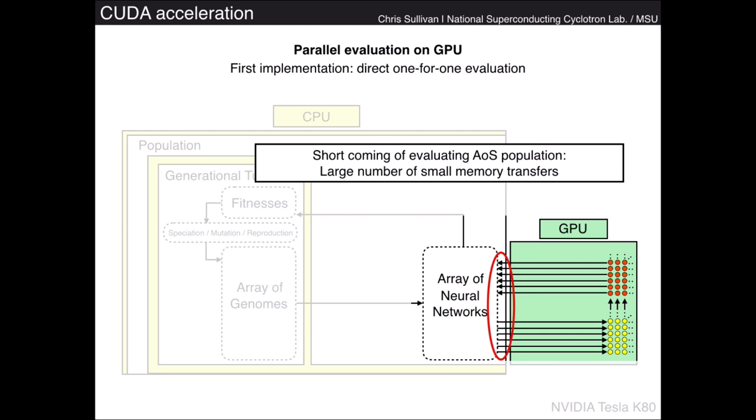If I'm taking every network and copying it over, and each network has its own inputs that I have to copy over, then I perform the evaluation, and then each network has to have its outputs copied out, that's a lot of memcopies happening. And a lot of small memcopies actually add up to a huge performance hit.